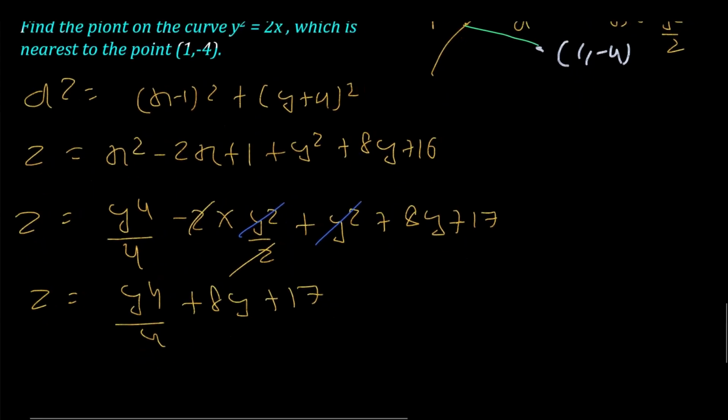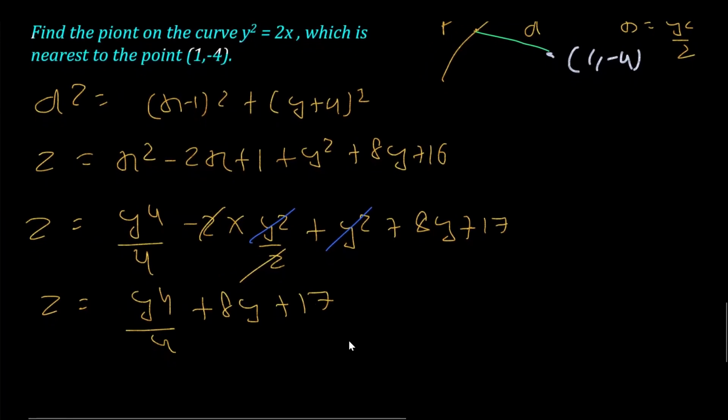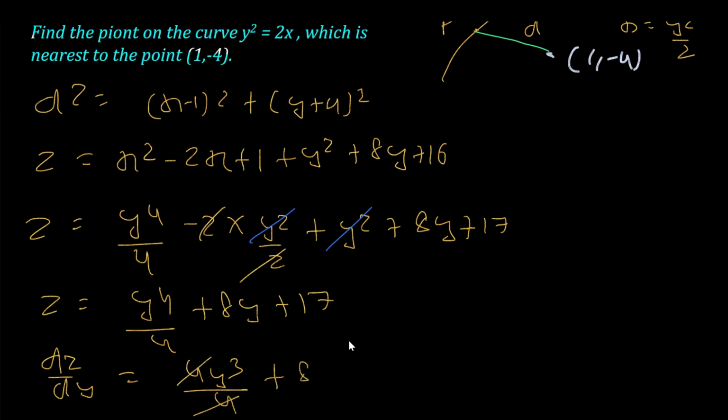So we'll do differentiation. That is the first. We'll differentiate with respect to z, sorry, with respect to y. So it's going to be what? 4y raised to the power 3, that divided by 4, right? We have a 4 over here. This 4 get cancelled, and then this is 8 only. This becomes 0. Next, I'm going to find its double derivative.